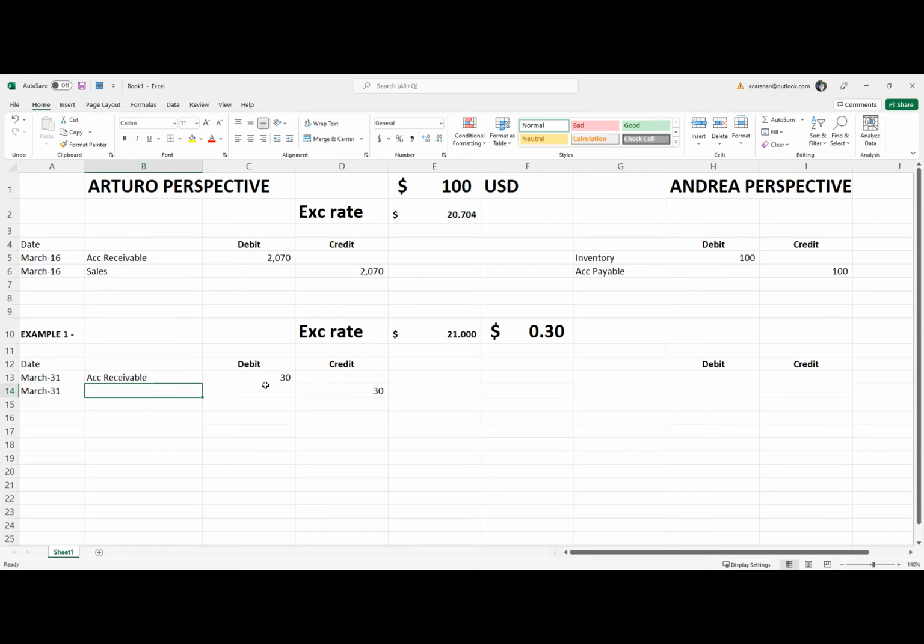And in your profit and loss, you have something called foreign exchange gains and losses. You have unrealized gains and losses of FX.